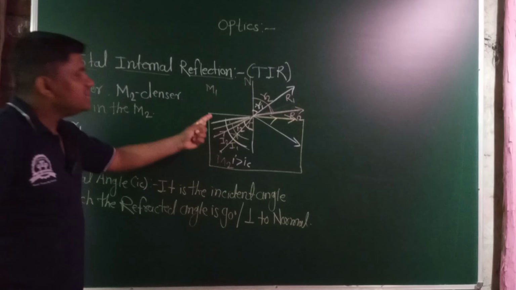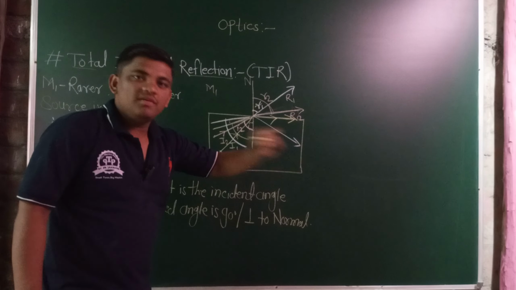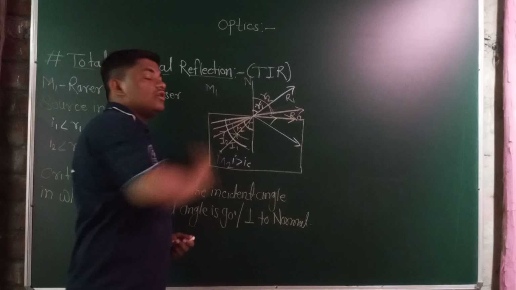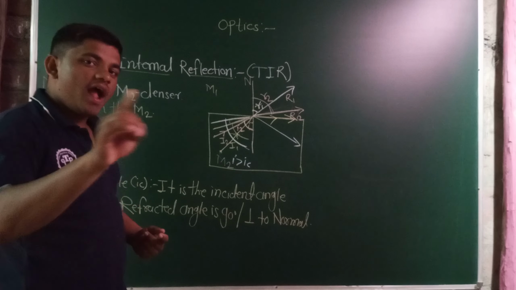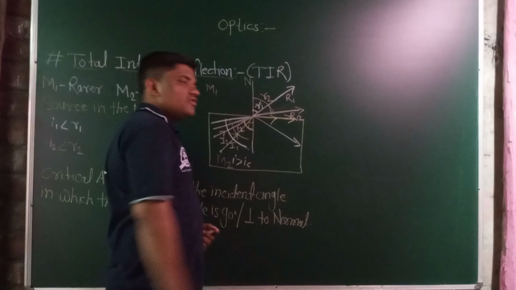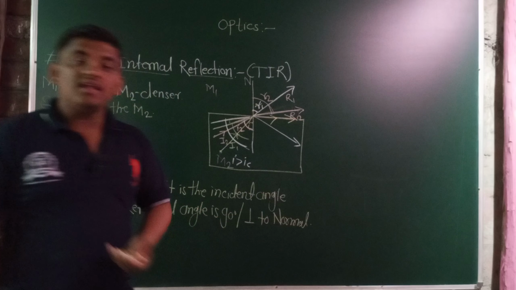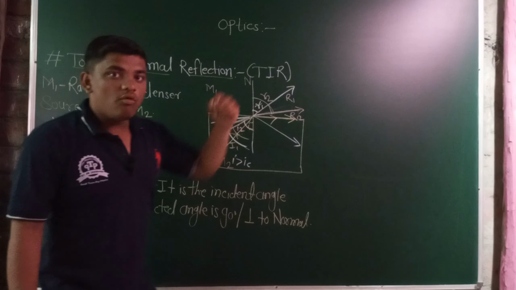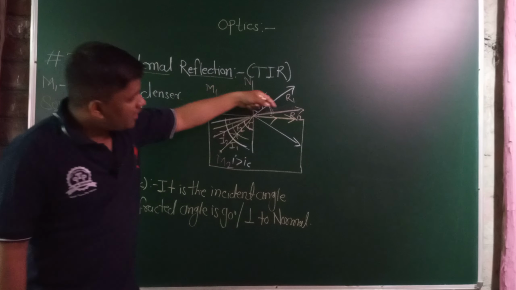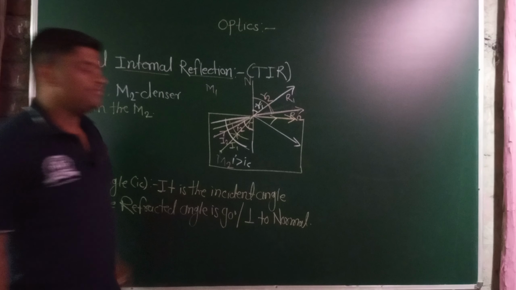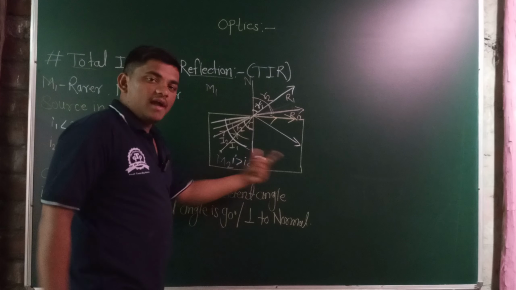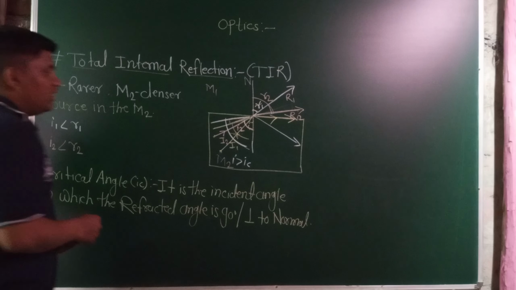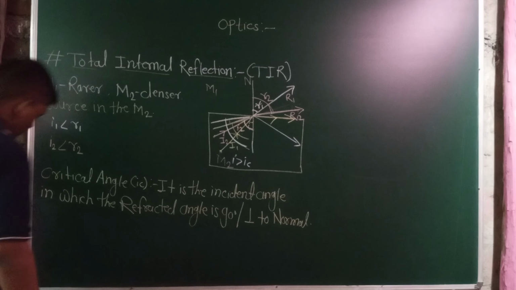Whenever we increase the incident angle, the refracted angle must increase. At a certain point, the refracted ray is perpendicular to the normal, and at that time this incident angle is known as the critical angle. If we increase the incident angle more than the critical angle, then the refracted ray comes into the same medium M2. This phenomenon is called total internal reflection.